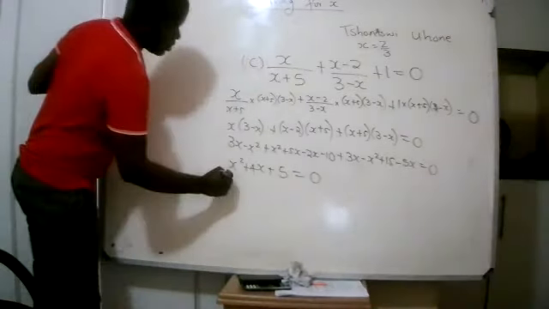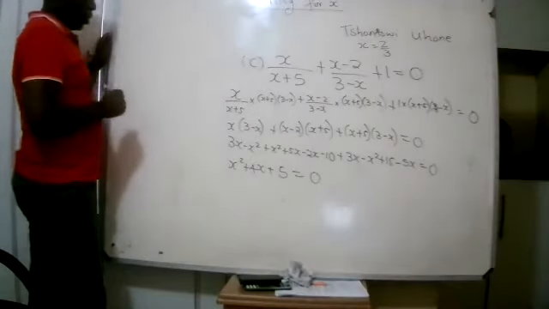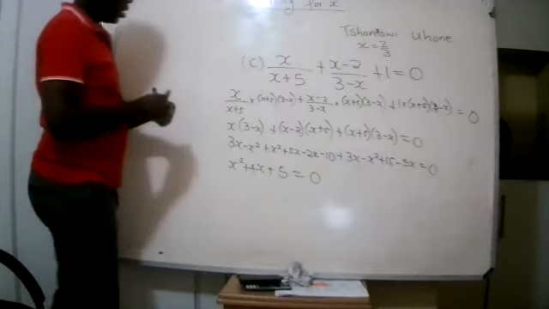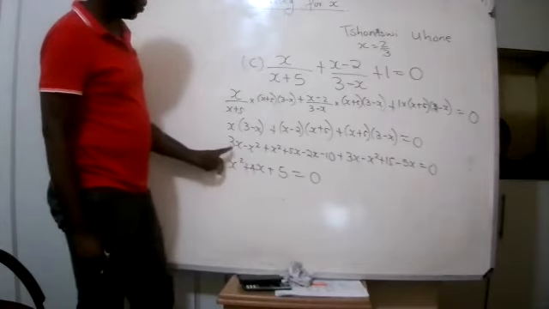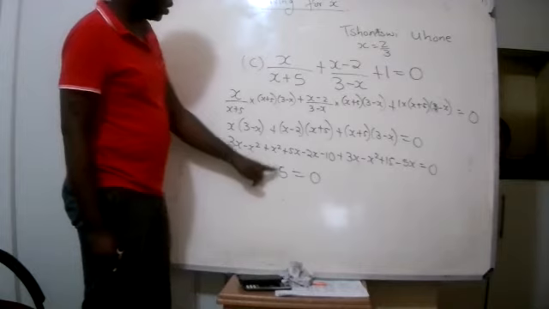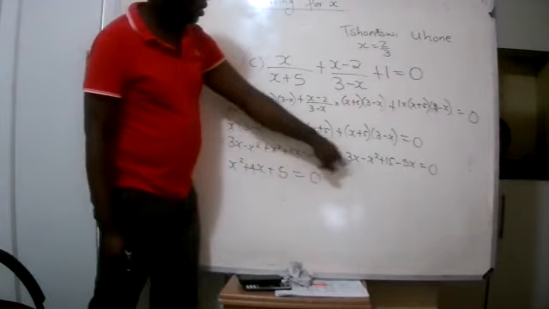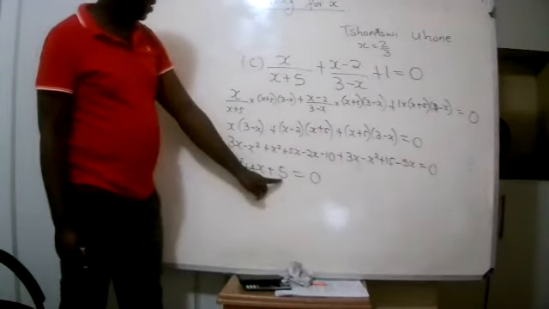So let's factorize and see what we obtain. The factors of this, let me check again, because if it is positive, it's going to be a problem. Let's see if we can find a negative on this one. So negative 10 plus 15 is 5.